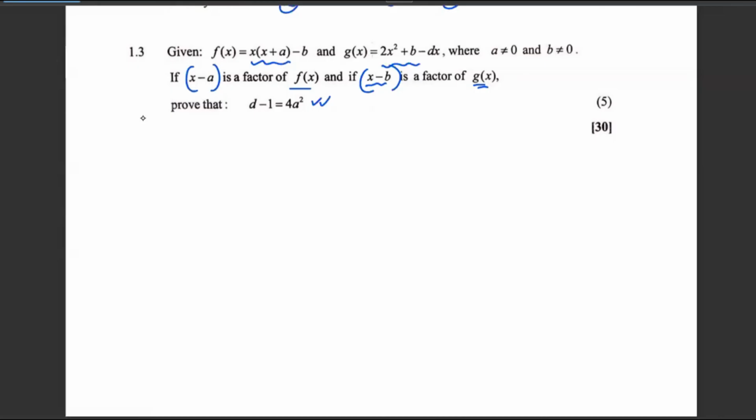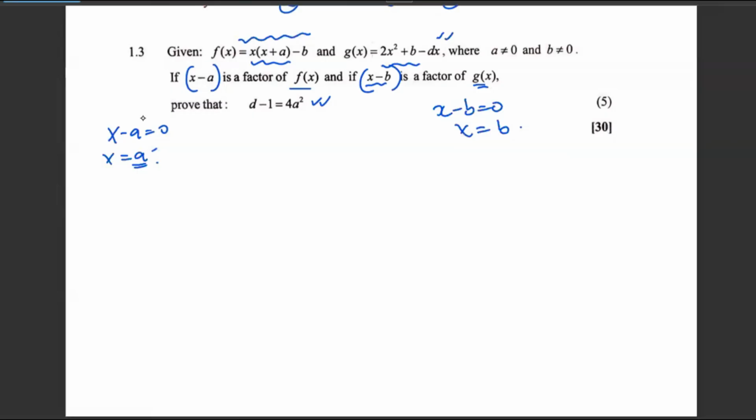So from these factors, we can obtain the roots, meaning that x minus a equated to 0, meaning that x is a. If we substitute this a in the place of x into this function, the result must be 0. Same thing with x minus b, equated to 0, meaning that x will be b for the g of x. Okay, so let's try that and see.